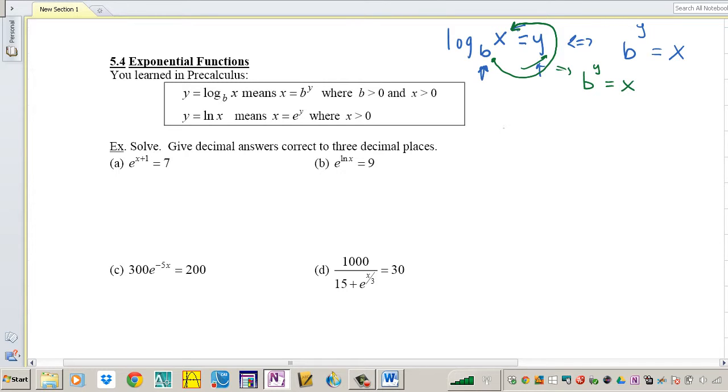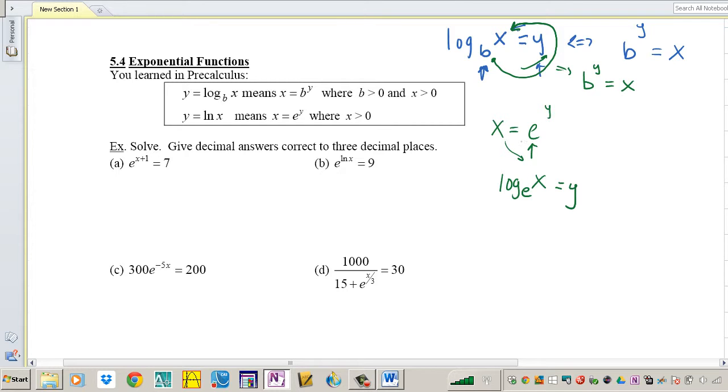Now, very similar to exponential equations: x equals e to the y. e is your base, so we're going to say log base e. Your y is your exponent, and that's going to equal the outside, and whatever e to the y equals is the argument of the log.